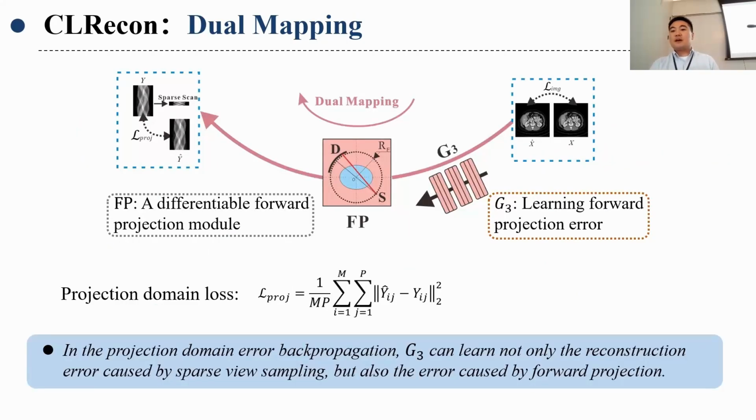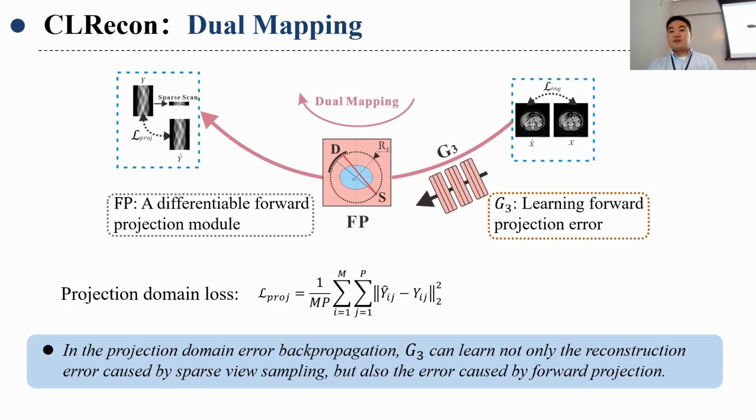In the dual domain mapping, only one forward projection module FP is needed to achieve the consistency constraint between the reconstructed image and the measured data in principle. However, even if the most advanced distance-driven forward projection algorithm is used, projection error is inevitable.